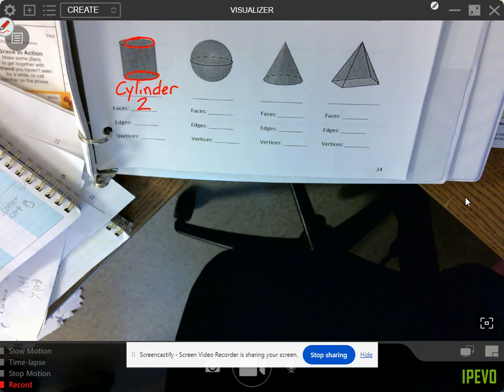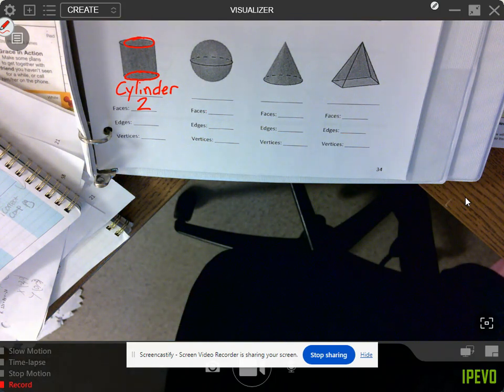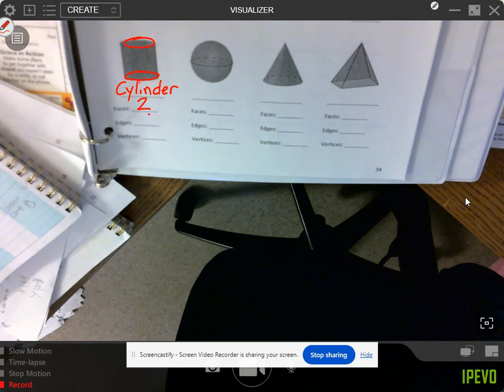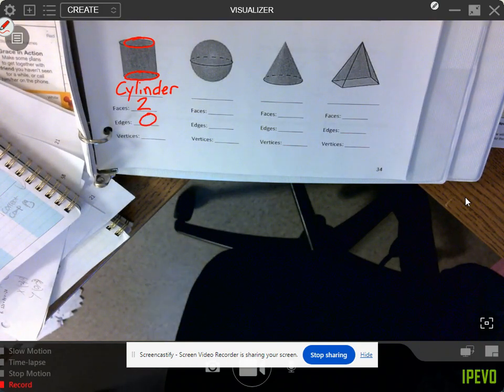How many edges does it have, Melanie? 0. Why would it be 0? Because edges are lines and there are no lines in cylinders. Perfect. Edges are that line segment. There is that circle shape, but that is not a line. A line is straight.